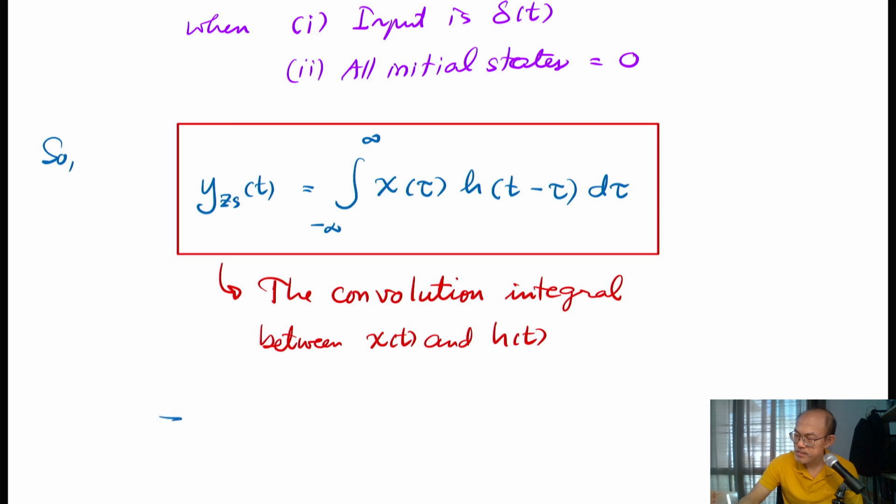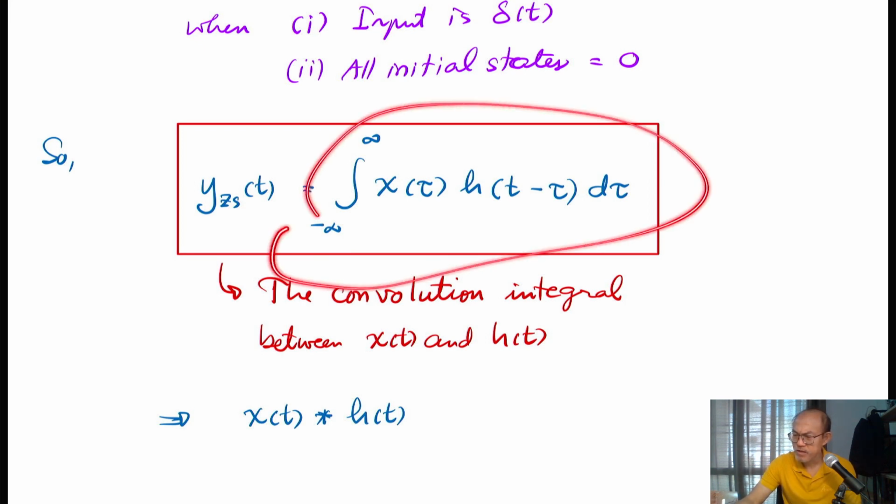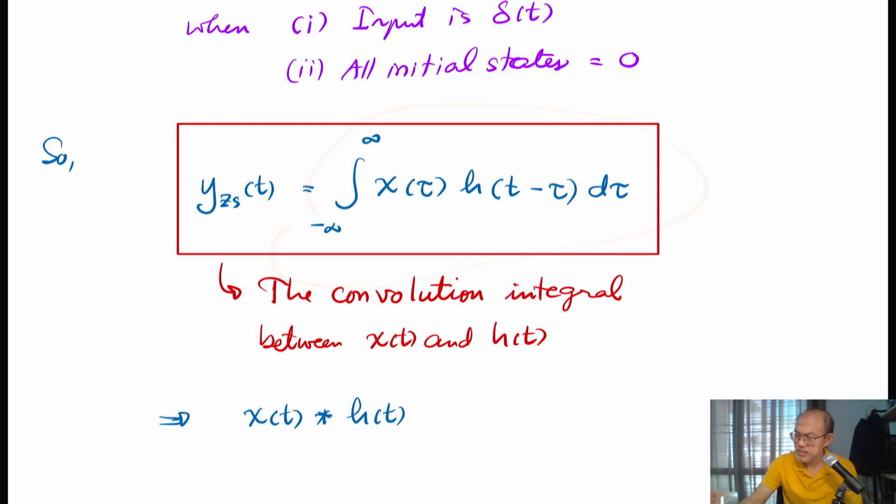We write x of t star h of t. Because the integral here is quite complex, we don't want to write this down every time we refer to the zero state response, right? So we have a shorthand notation for this entire integral.